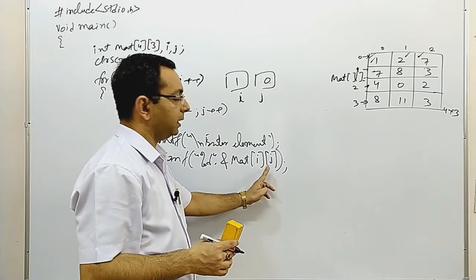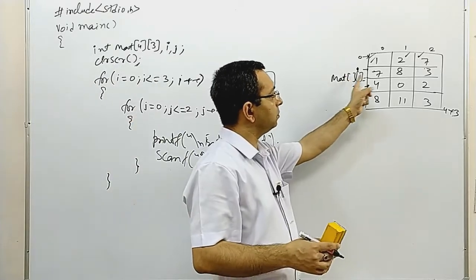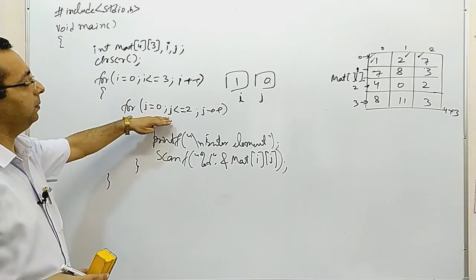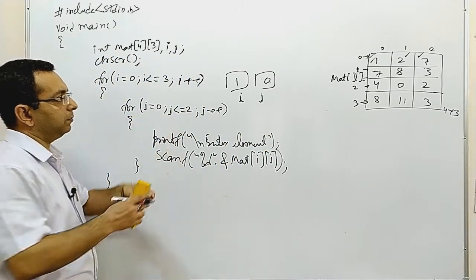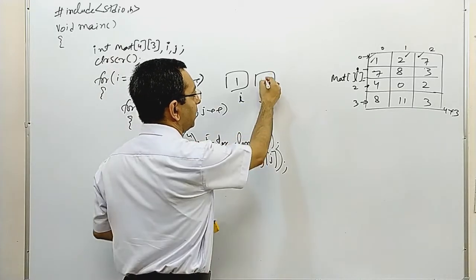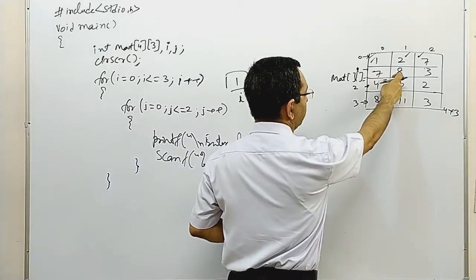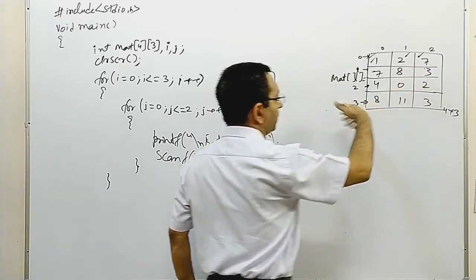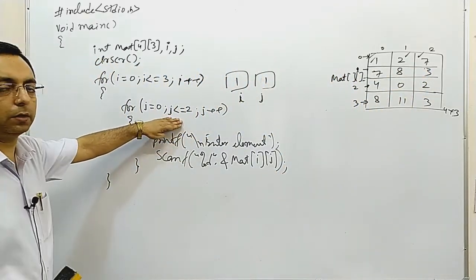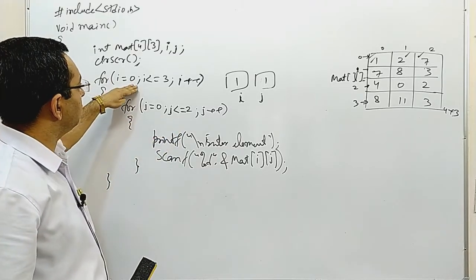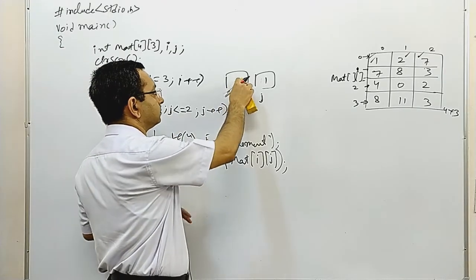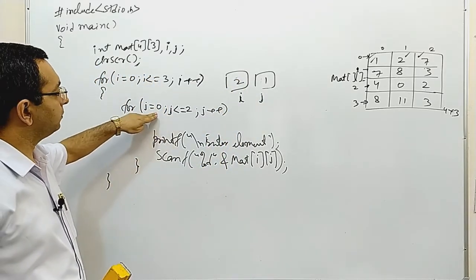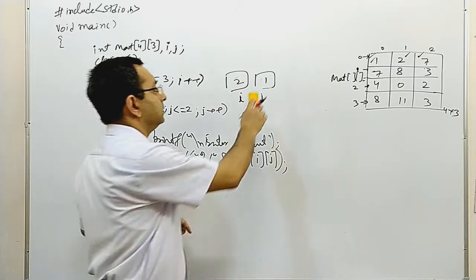So 1 and 0, first row, 0th column, the user wants to input. Then it will be incremented by 1, so the value at 1 1 means here. Then again it will be incremented, then 1 2. Then again incremented but will not be executed. So the value of I will be now 2. For 2, j will be again iterated for 0, 1 and 2.